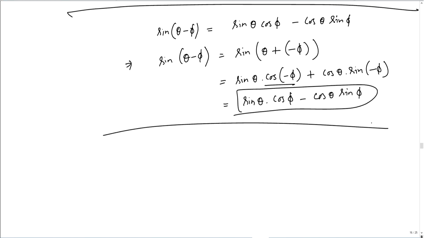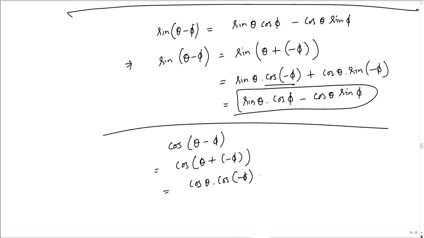Similarly, can you figure out what would be cos of theta minus phi? Well, let us see. Now this can be written as cos of theta plus minus phi, which can be rewritten, given our identity about cos of theta plus phi, as cos theta into cos of minus phi, minus sine theta into sine of minus phi.